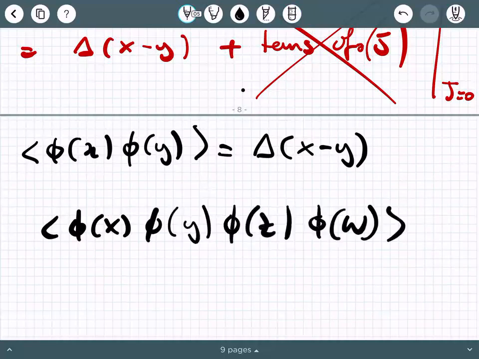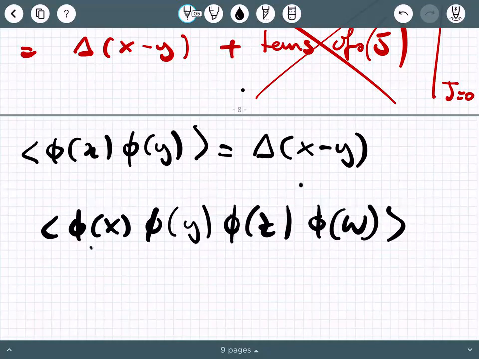When you act with the sources, you always have 4 different functional derivatives over jy, jz, j omega, jx. And any time you can act on the exponent or on the prefactor. When you act twice on the prefactor, you get a delta, right?